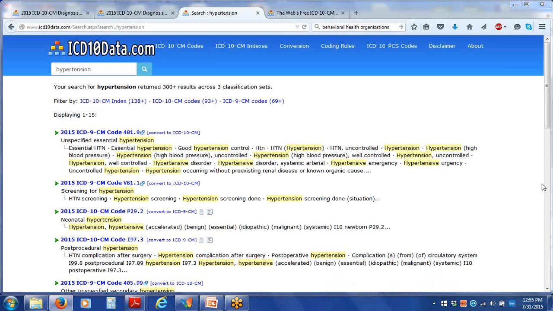Number one, I'm going to open my chat window to see if I have any questions that have been chatting. We're good. Okay. All right. Does anybody have any questions on this? Are there any particular codes that you'd like to look up?